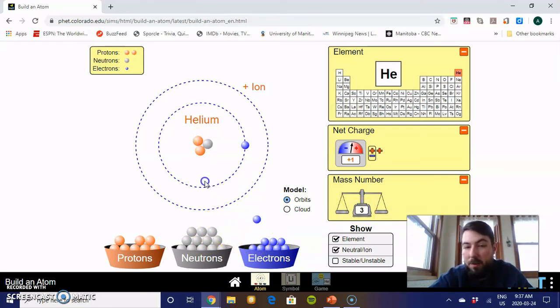If I add another electron, now our net charge is 0 because I have 2 positives and 2 negatives. Our mass number is still 3, but if I throw another neutron in there, the mass goes up by 1, and the net charge hasn't changed.